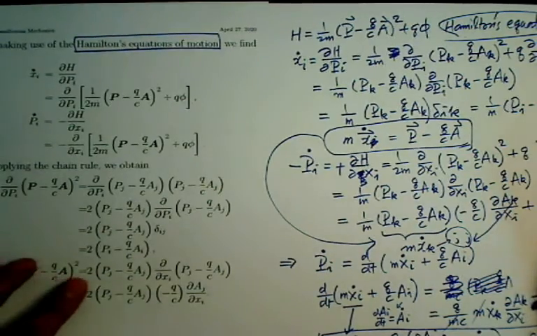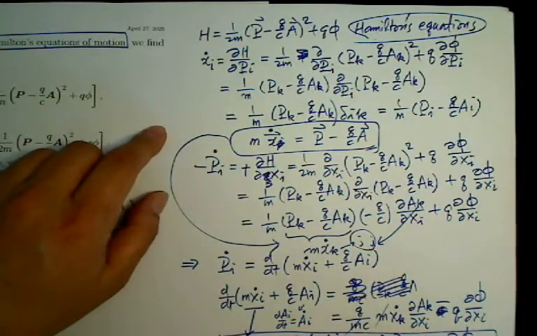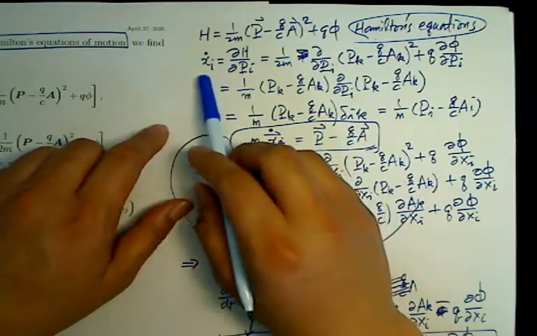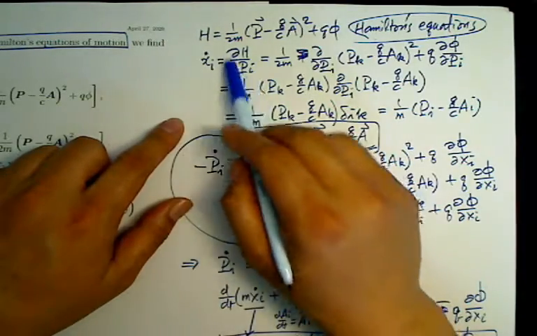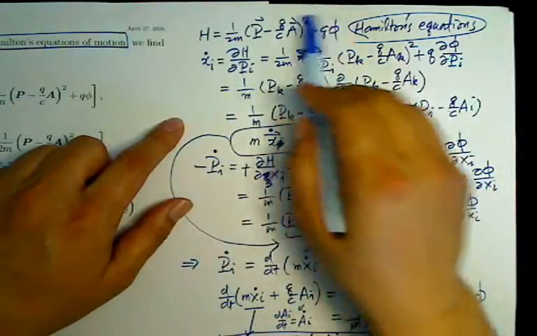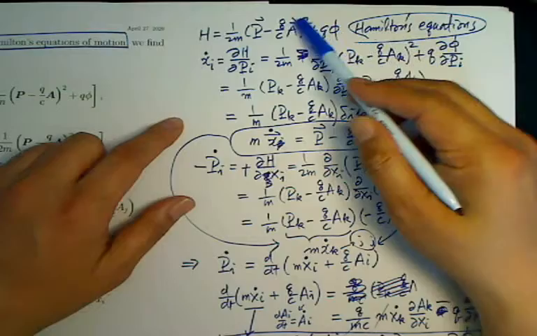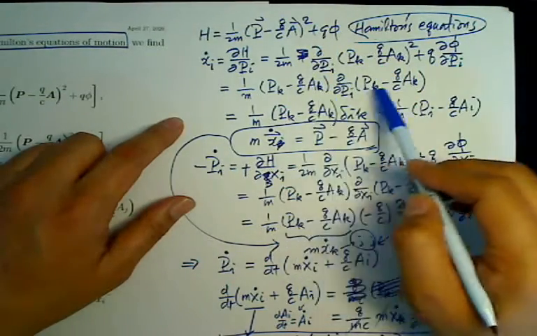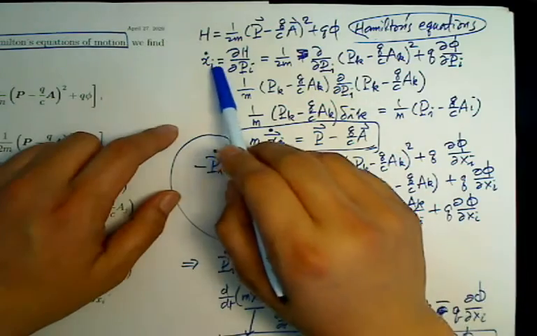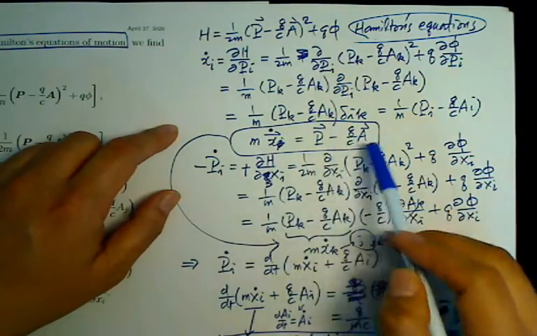So this is the explanation, and this is the derivation for those Hamilton's equations of motion. If I take the derivative with respect to the momentum, I just copy this Hamiltonian for a charged particle in here to find, by the usual calculation, that x_i dot is 1 over m (p_k minus q over c A_k).